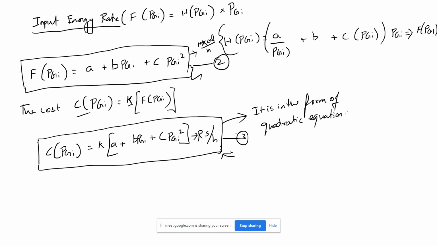Otherwise, there is one more method called the incremental cost method. That is IC. In the incremental cost method also we can find out the same components.